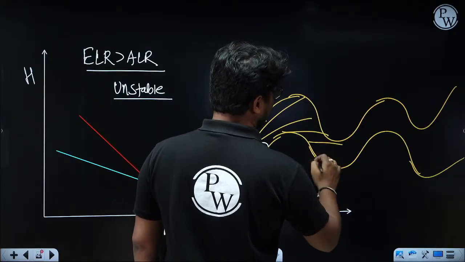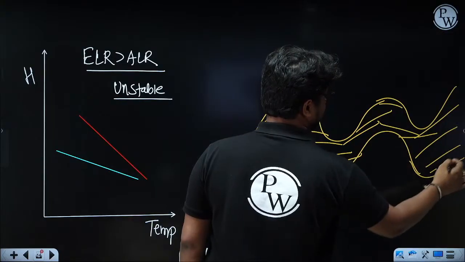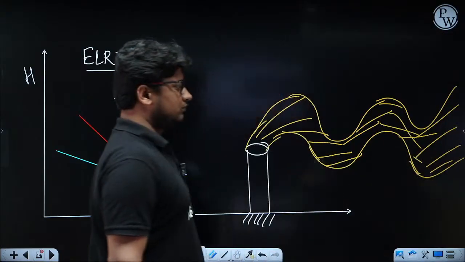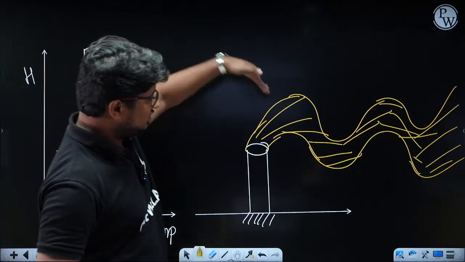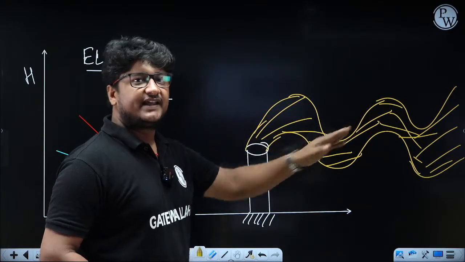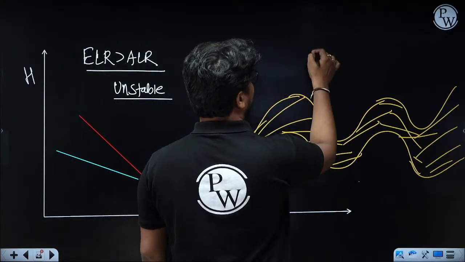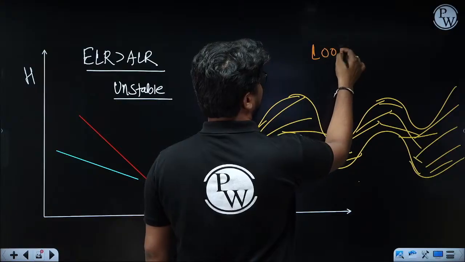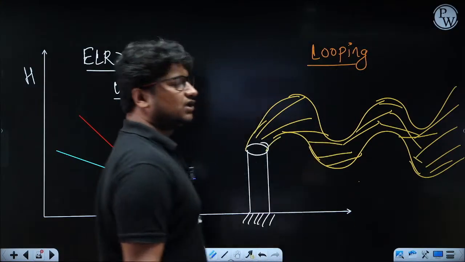So plume will go like this. Does it not look like a loop? That's why the name of this case is looping.